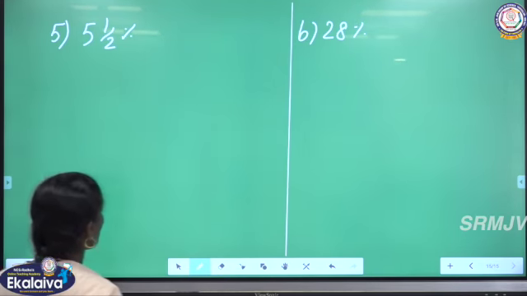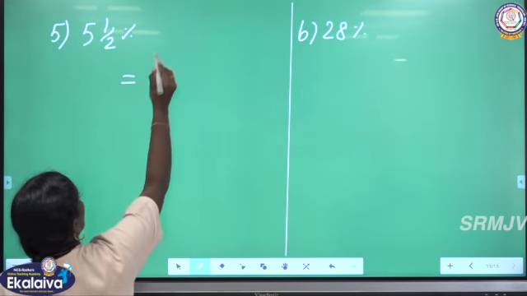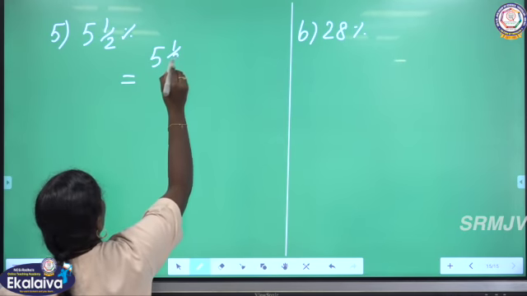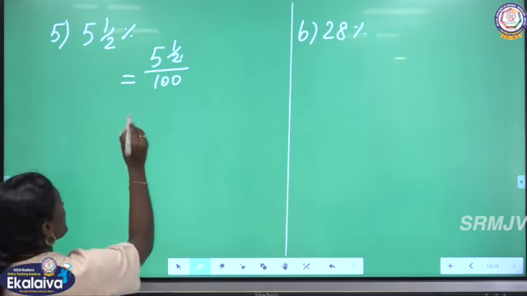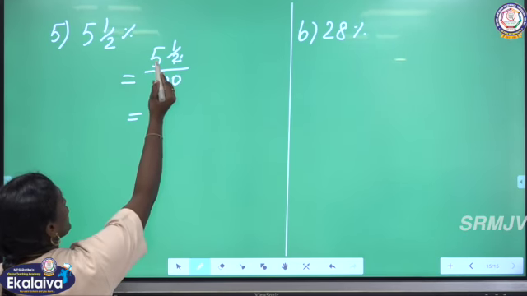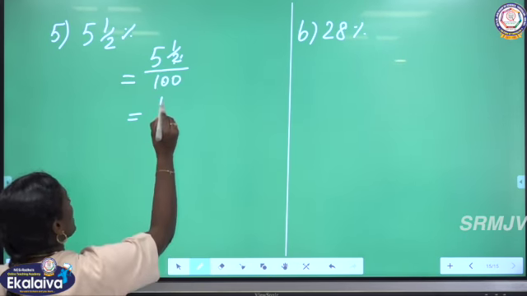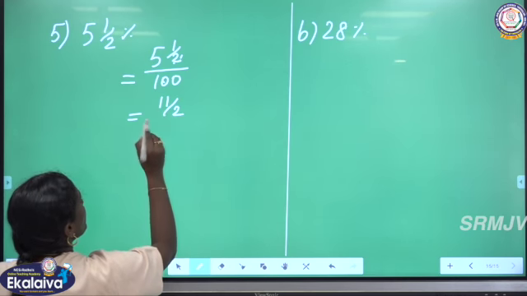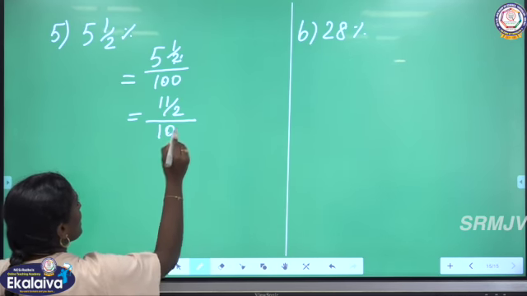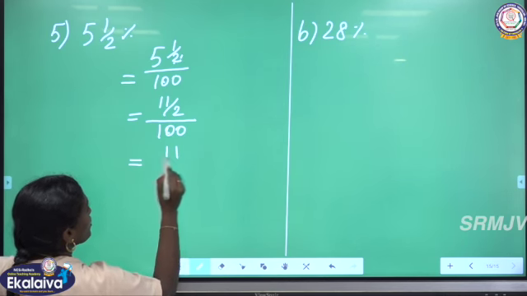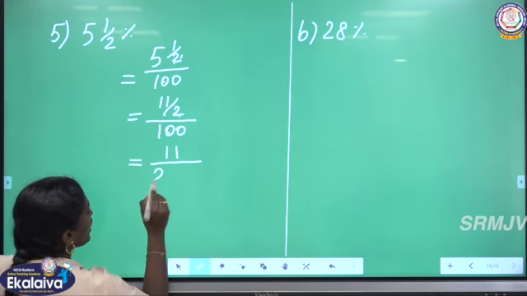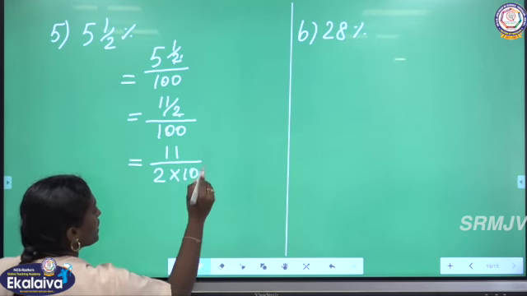The next one, 5 1 by 2 percentage. First we have to write as a fraction 5 1 by 2 by 100. Now we have to convert it into improper fraction. 5 2s are 10, 10 plus 1, 11. 11 by 2, the denominator is 100. Now we have to multiply the denominator numbers. 11 is the numerator, in denominator 2 into 100.